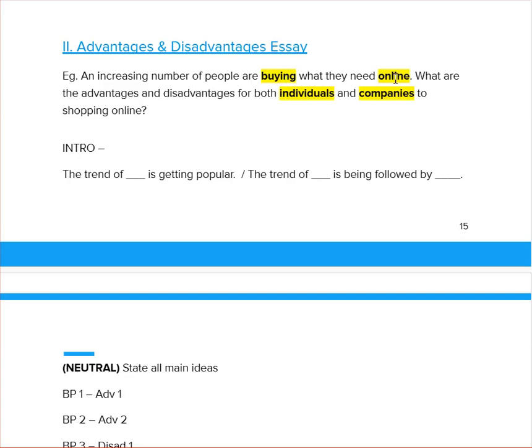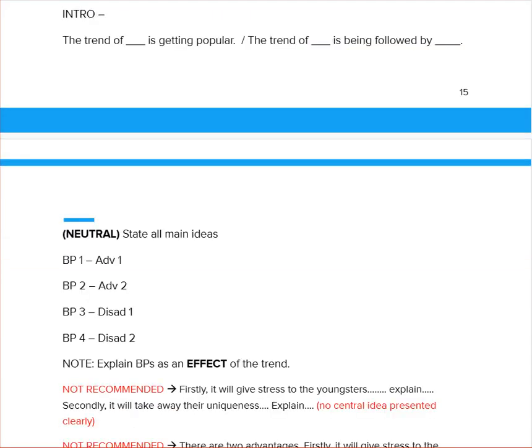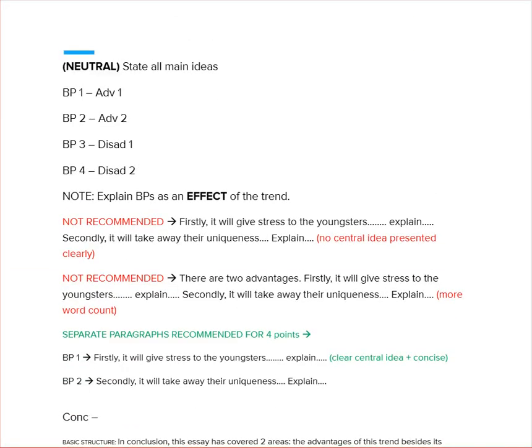What are the advantages and disadvantages for both individuals and companies of shopping online? Intro: the trend of dash is getting popular. The trend of dash is being followed by dash. Neutral state.